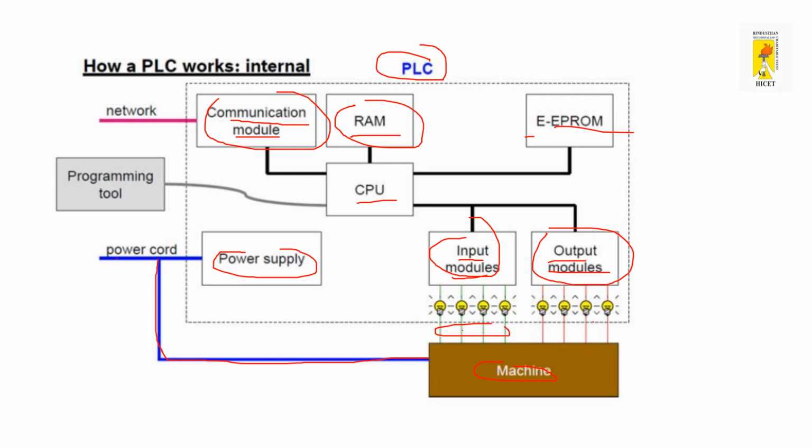The output devices get the output signals from the output module of the PLC. This is controlled by the program which is fed into the PLC. So it depends upon the application, and what the machine can do is decided by the program which is fed into the PLC.